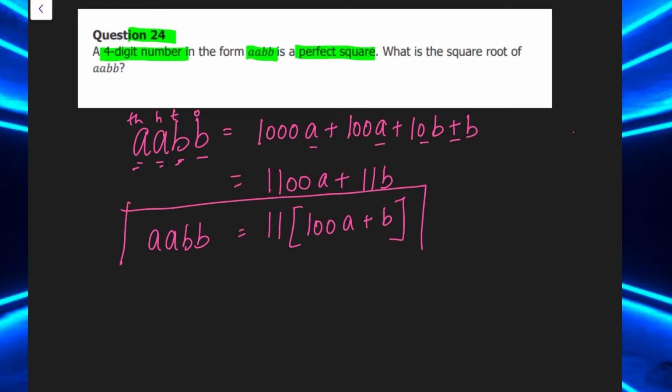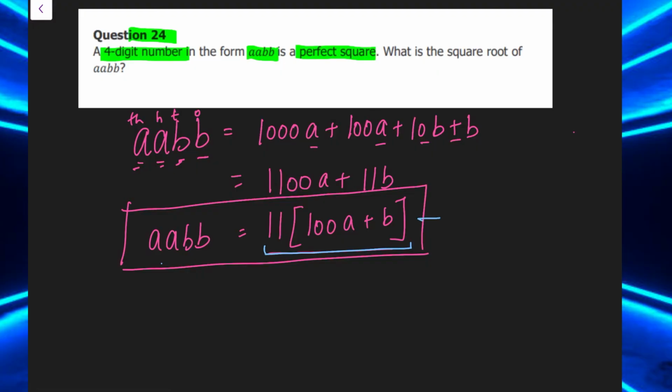Now since they have told us that this is a perfect square, that means the number we have inside should have all the factors in pairs, so that we can actually do the square root and find a number. For this number to have factors in pairs, we already have 11 out here.